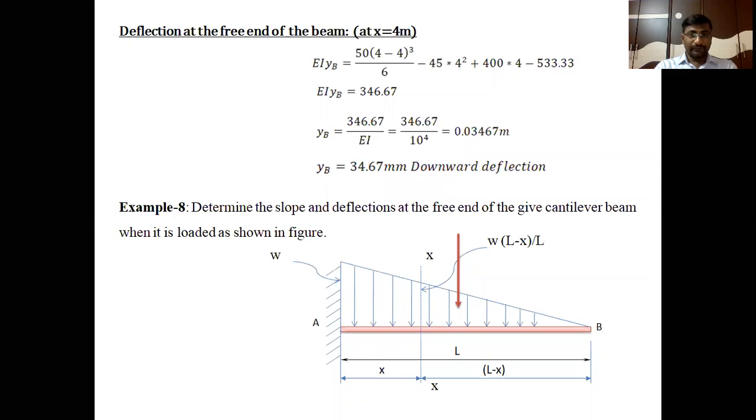If you convert into millimeters, this value is multiplied by 1000, and we get 34.67 millimeters. That is also a downward deflection. For a cantilever beam, the free end is displaced in the downward direction. The downward deflection is positive. This is the deflection at the free end, YB, which is downward deflection.